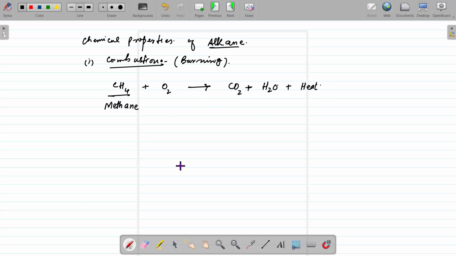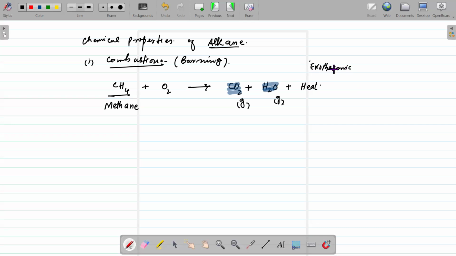So remember one thing, whenever any alkane member undergoes combustion, it will give us carbon dioxide and water. Both these products are in gas form. Water vapors will be there. And all these reactions are exothermic because heat is produced.